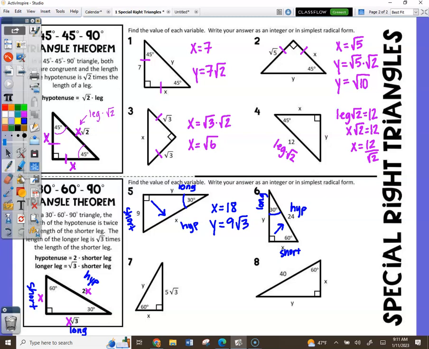So the short is going to be 12. The short and the hypotenuse have a 1-to-2 ratio. And now that I know the short, I can wrap up the problem with the long side. The long was y, so it's 12 root 3.